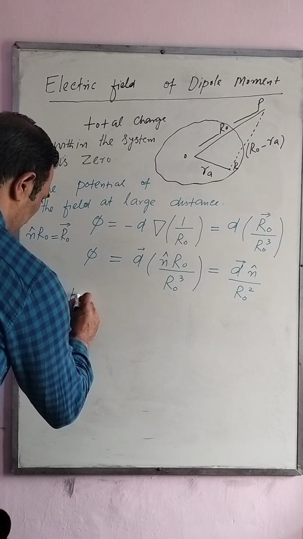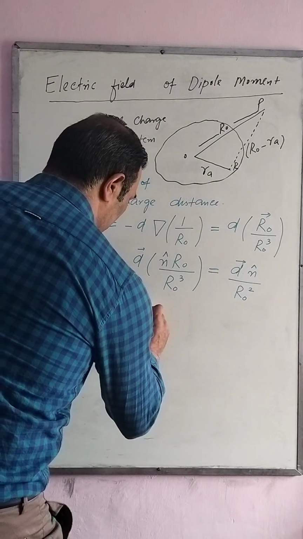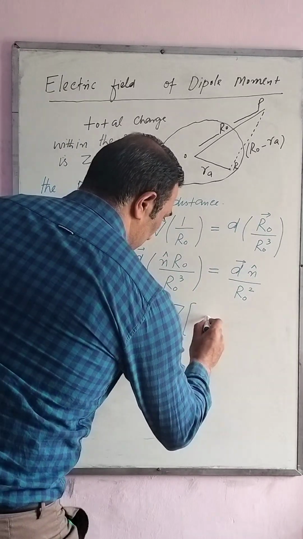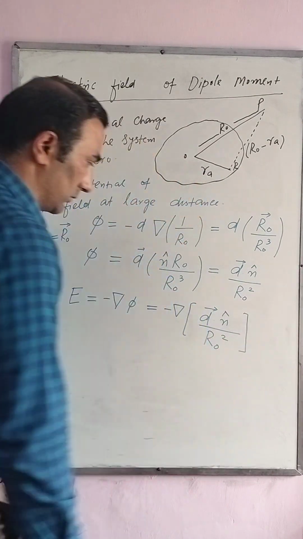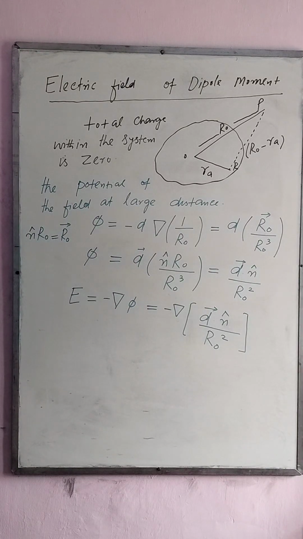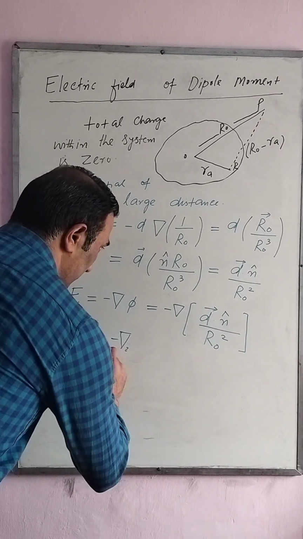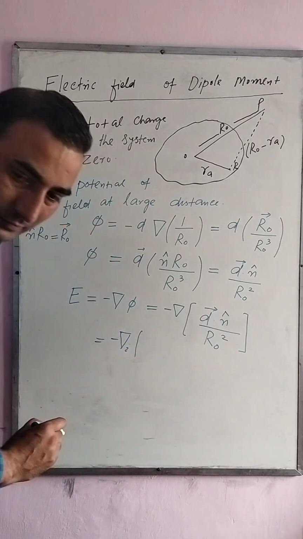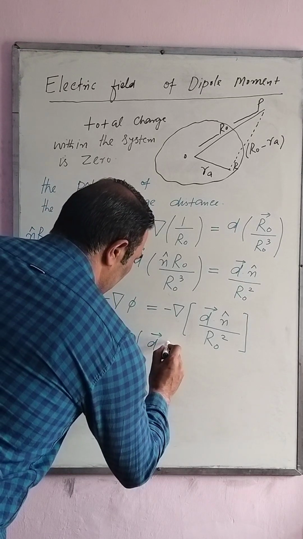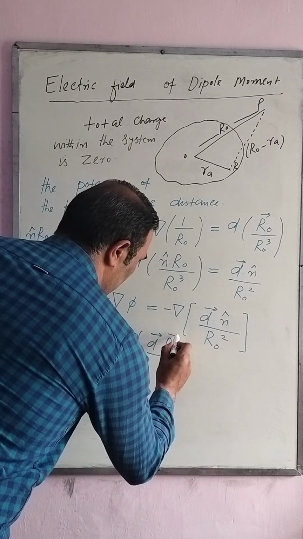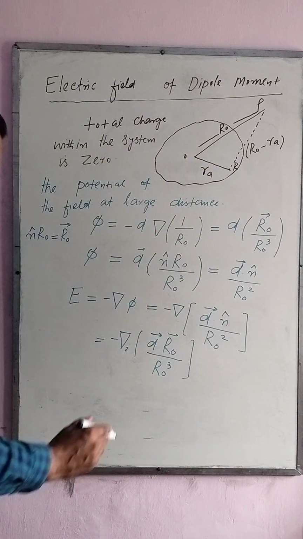So we know that the field intensity can be written as minus nabla of phi, or you can write this as, or you can rewrite this term as, and write some i, and this will be, or you can rewrite this here.